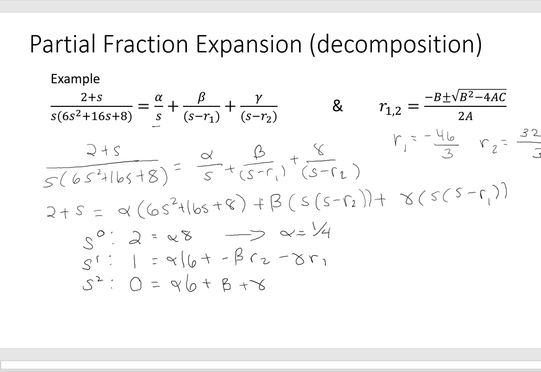So now we have two equations with two unknowns. We need to solve that system of equations. We can do a few things. Usually I'll use back substitution, or you could use a little matrix, that would work too. So let's just solve for these unknowns.